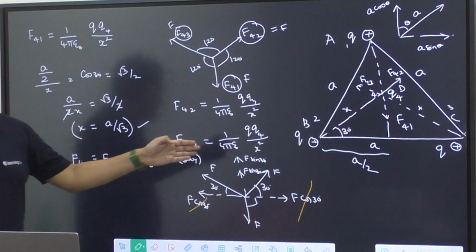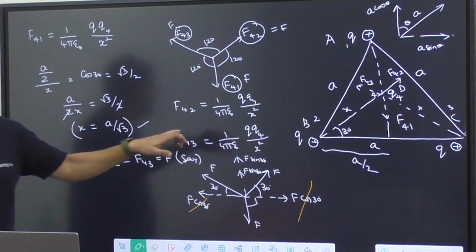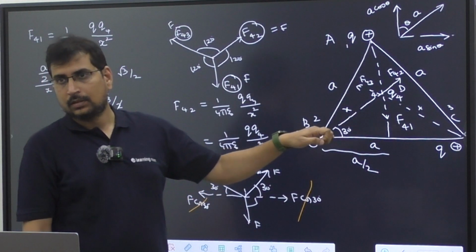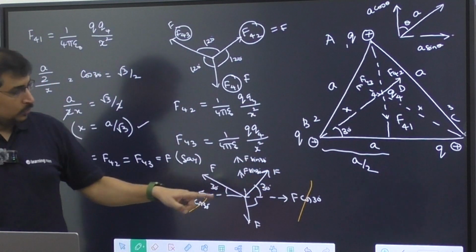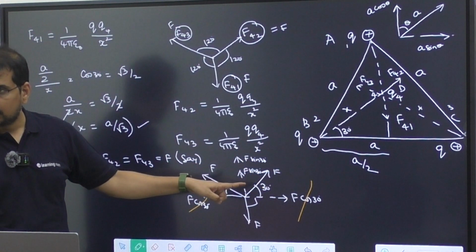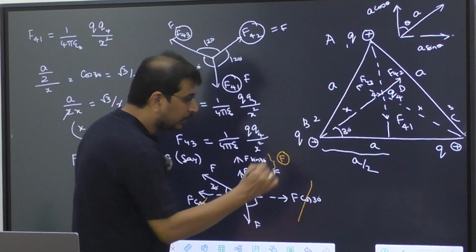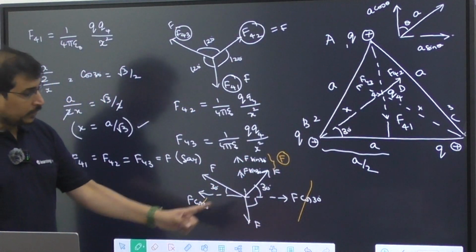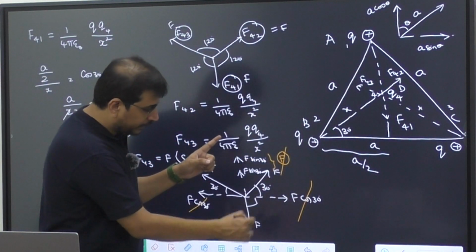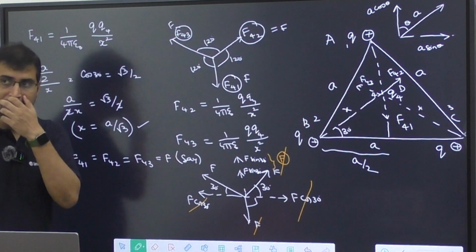F sin and F sin get added. So what is sin 30? 1 by 2. F by 2, this will be F by 2. So the sum of these two is going to give me F. So F in the upward direction and F in the downward direction also get nullified.